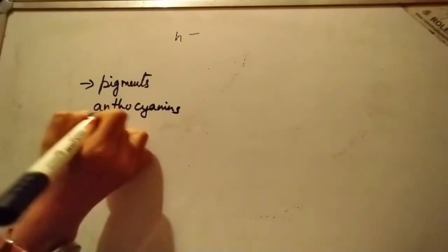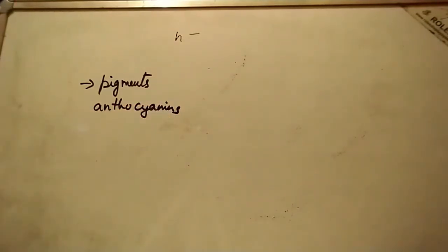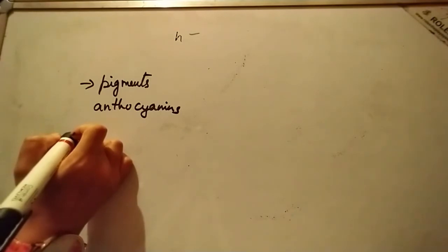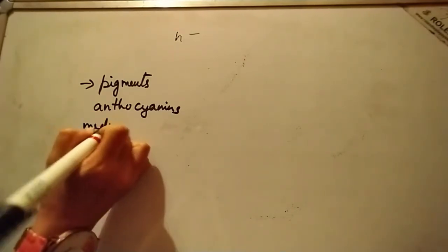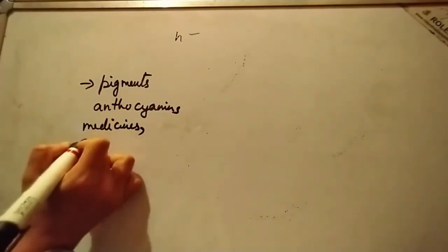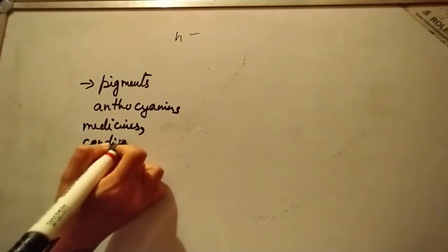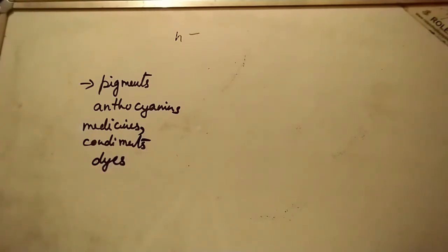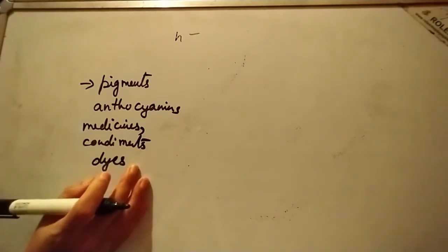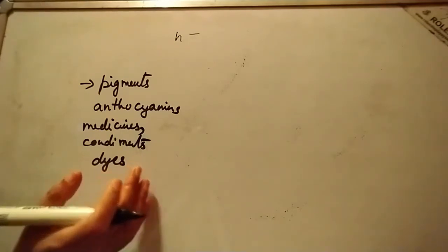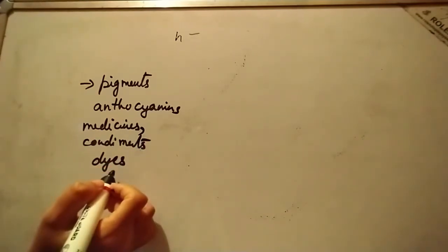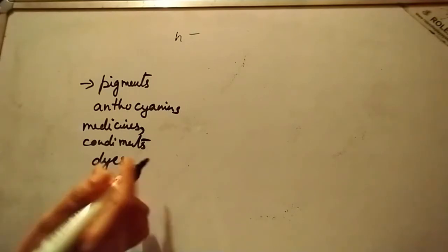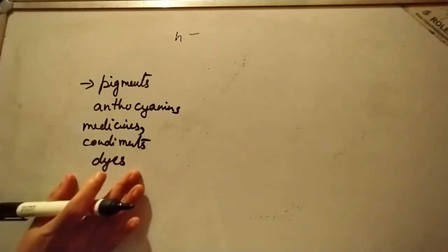These are glycosides. Another importance of glycosides is that they are very important in various medicines. Then we have condiments, and also dyes from plants, which occur as glycosides.